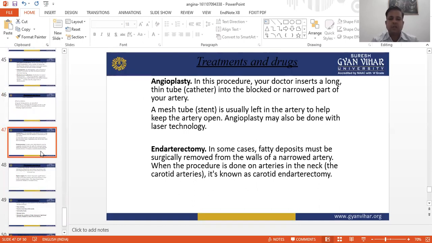Angioplasty. In this procedure, a doctor inserts a long, thin tube called a catheter into the blocked or narrowed part of the artery. A mesh tube, also called a stent, is usually left in the artery to help keep it open. Angioplasty may also be done with laser techniques.